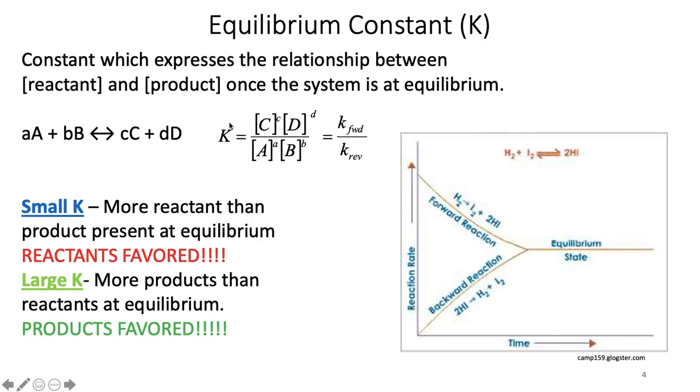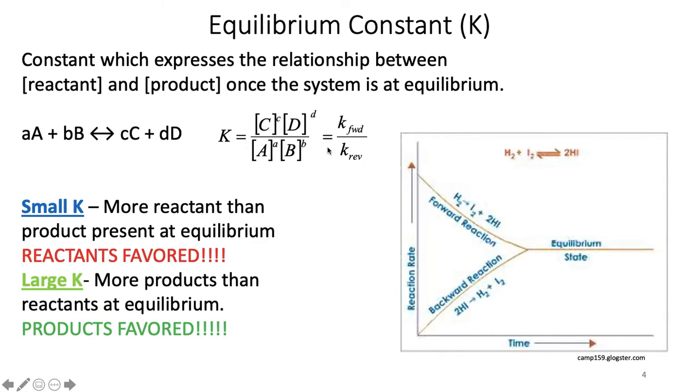If K is a lot smaller than 1, then looking at this quotient, the bottom number, the denominator, is much larger than the numerator, making it much smaller than 1. What is in the bottom, my denominator, is the concentration of my reactants. And the top number, the numerator, is the concentration of my products.